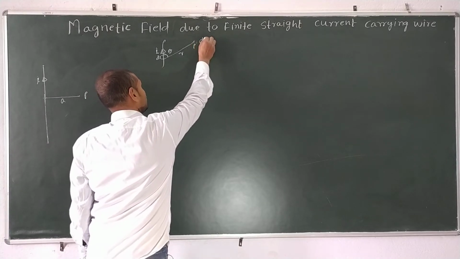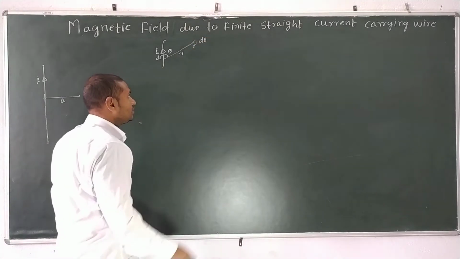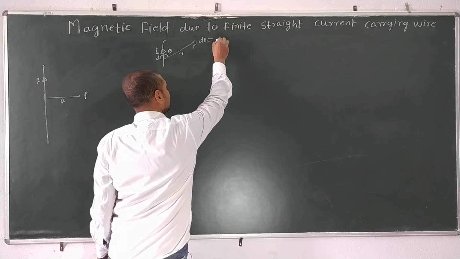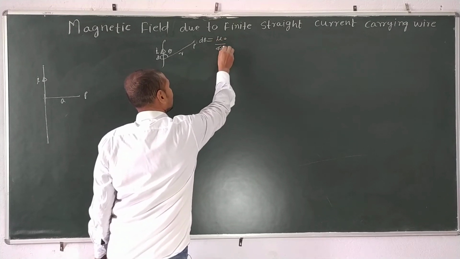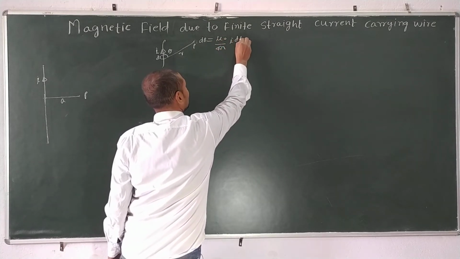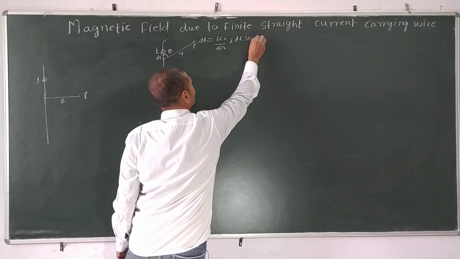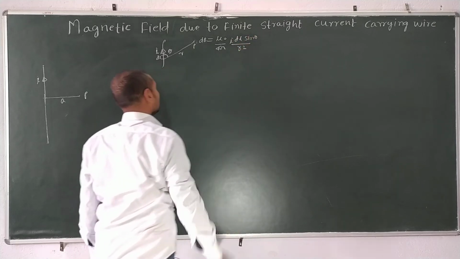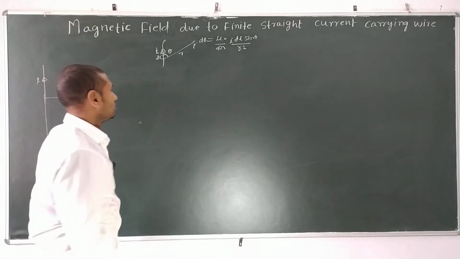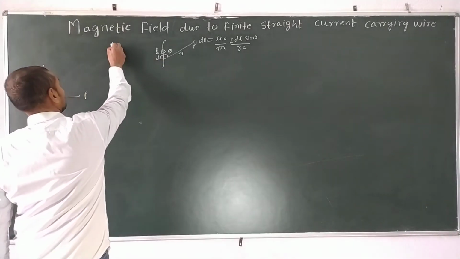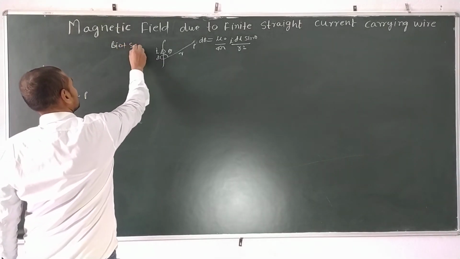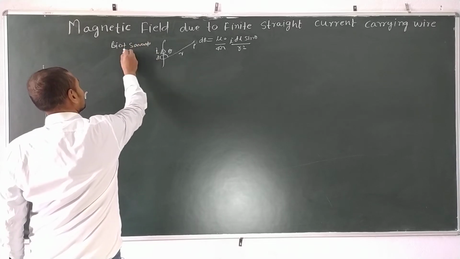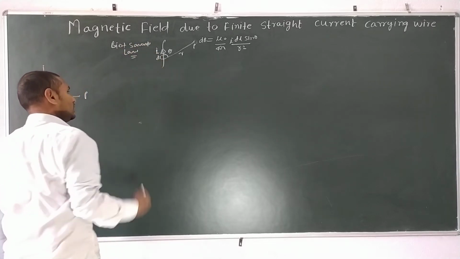The magnitude of the magnetic field at point P becomes dB, and we know that dB is mu naught upon 4 pi, I dl sin theta upon r square. This is the Biot-Savart law. We already discussed it.